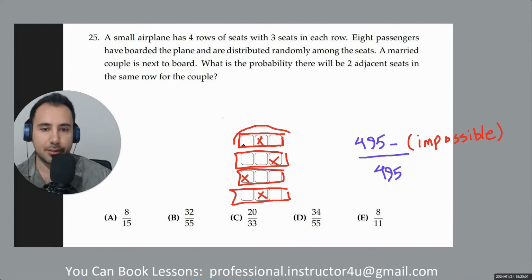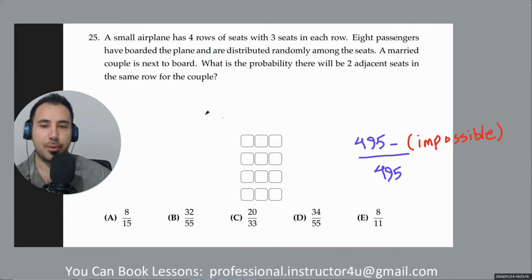We have 3 seats here, 3 possibilities. Here 3, here 3, here 3. 3 times 3 times 3 times 3, 81. Okay, so first, the impossible ones, that's going to be 81 ways that is impossible for the couple to sit together.